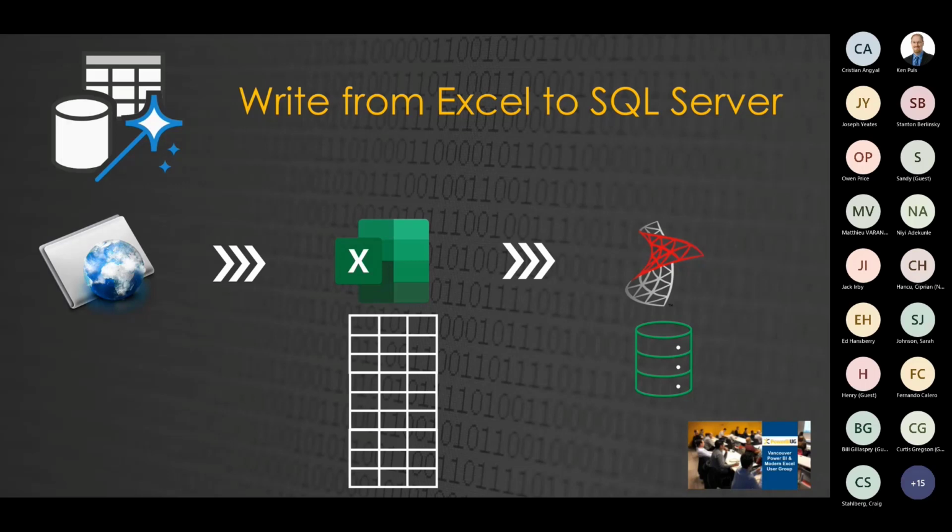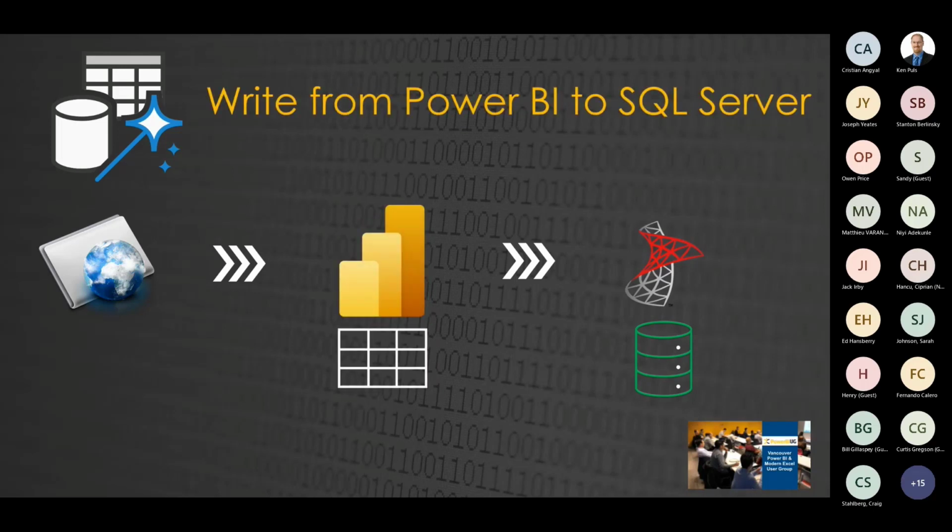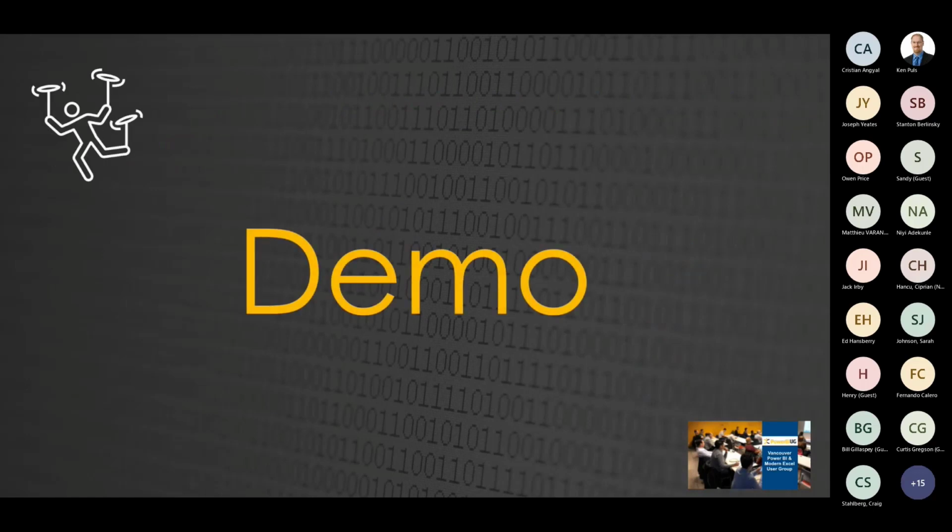So basically it's doing snapshots with Excel, storing data in Excel, but at the same time writing them to SQL. And then, as I said, if we have time, I'll show you how to do it with Power BI. It's not exactly the same approach, but it's doable.